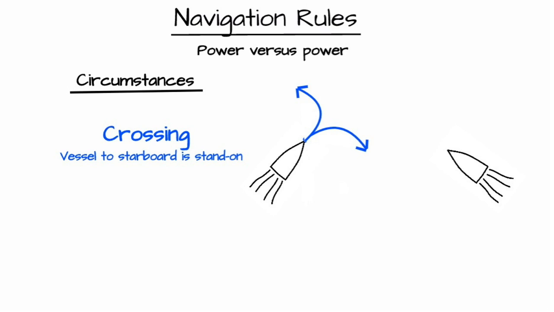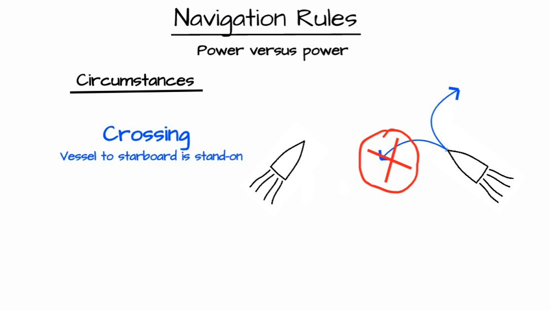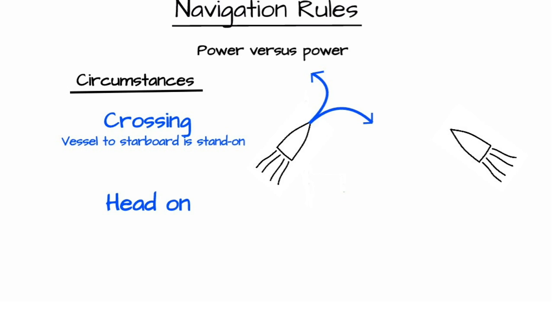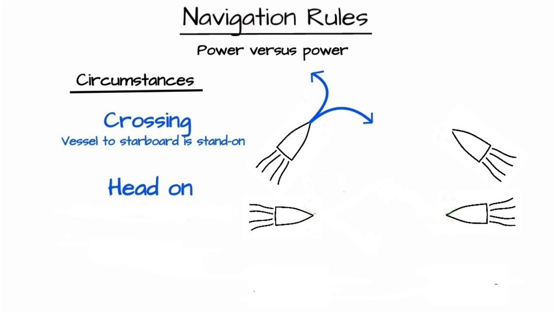Its action can include turning to starboard or changing speed so as to avoid a collision. However, it should not turn to port, as turning to port increases the chance that the two boats will turn into each other.